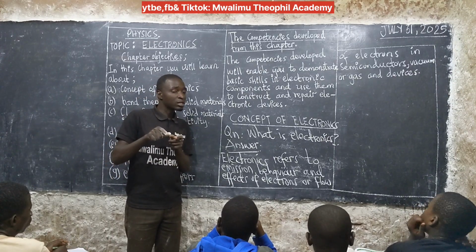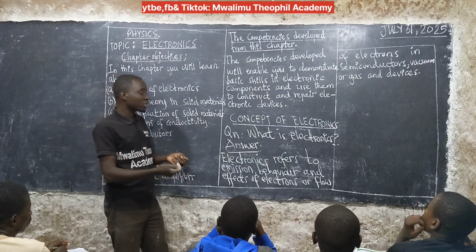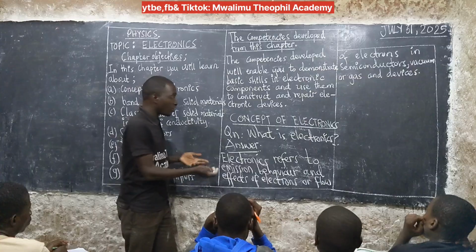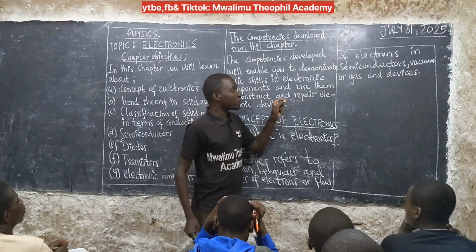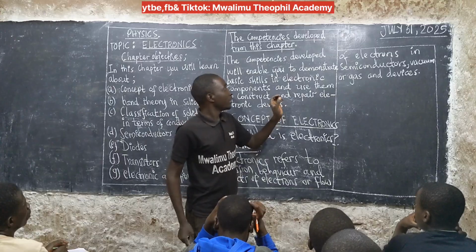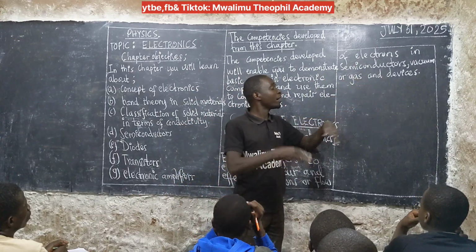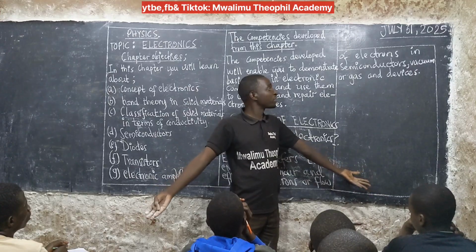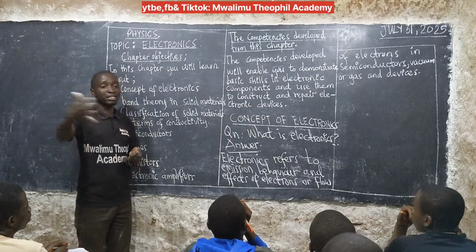We are going to see the emission and behavior of electrons, and the way they flow in various materials like semiconductors, vacuum, or gas, or any other device in which electrons can flow and cause a certain effect.